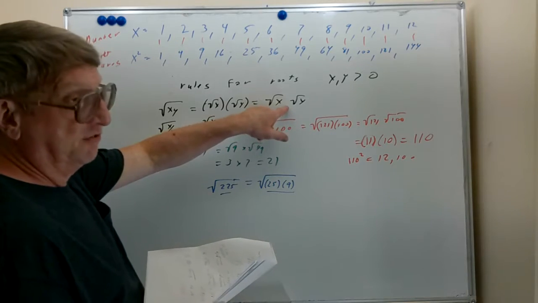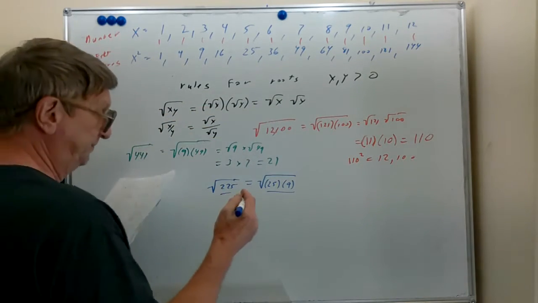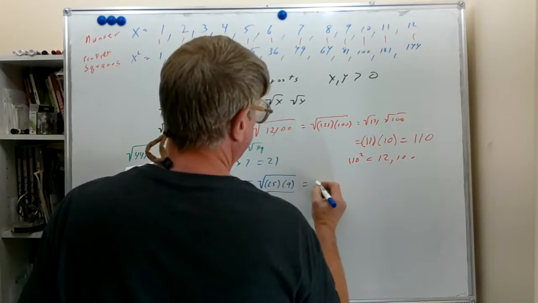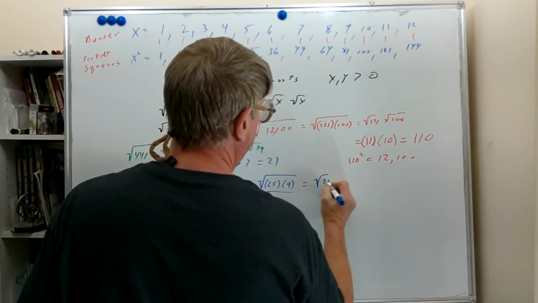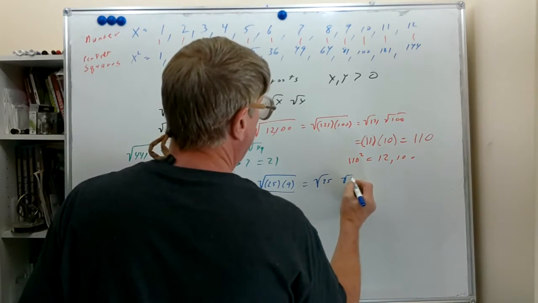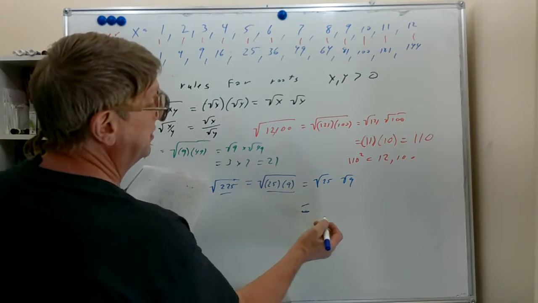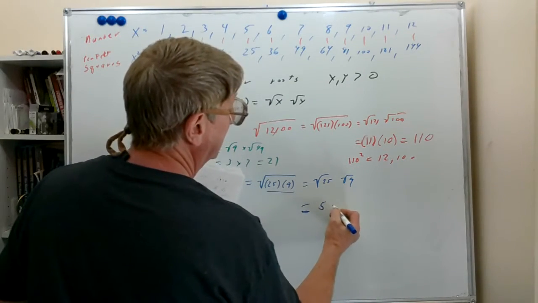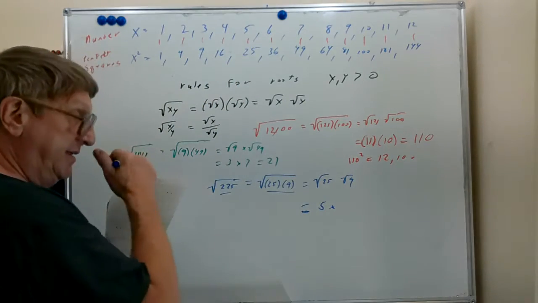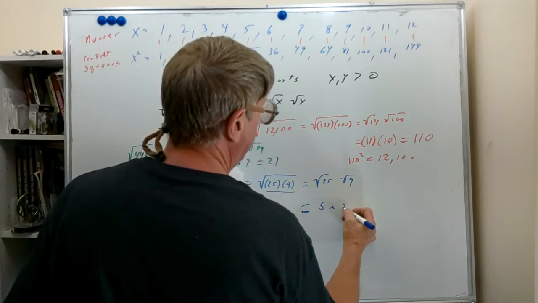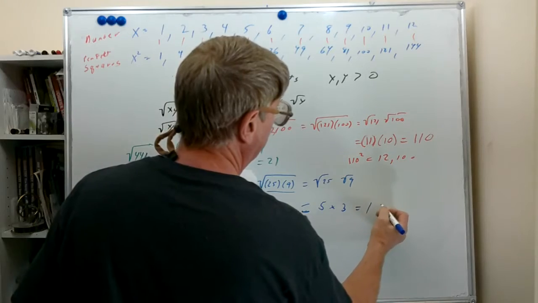Here is the product of the square roots of each of those factors. So we can break that into the square root of 25 times the square root of 9. The square root of 25, that's a perfect square, easy to do. It's 5. The square root of 9 is a perfect square, easy to do. It's 3. That equals 15.